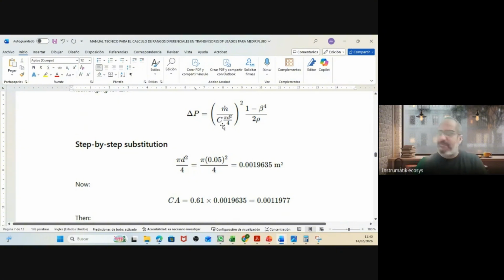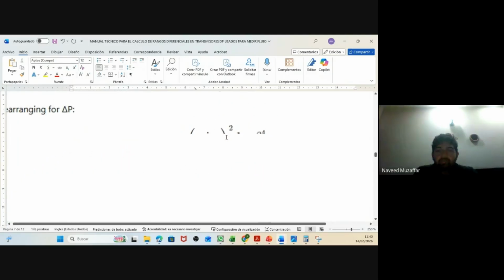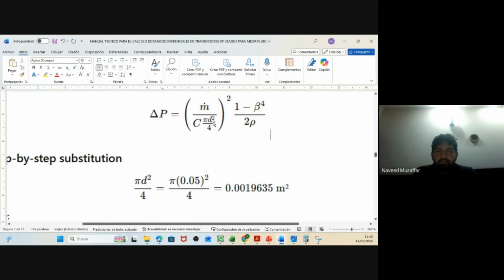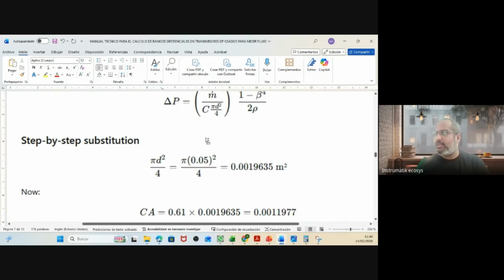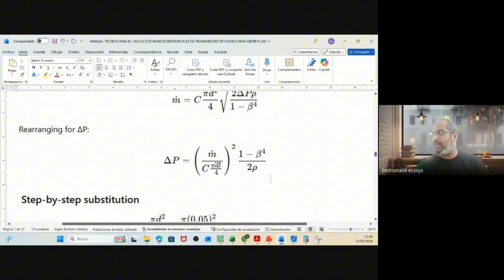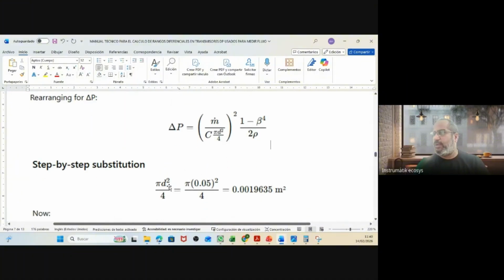If you see here, in the parentheses you have some values. These are the discharge coefficient, and this is the area calculation. So when it says here step-by-step substitution, it says that you first calculate the area.